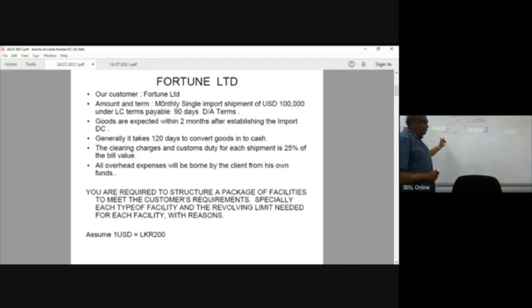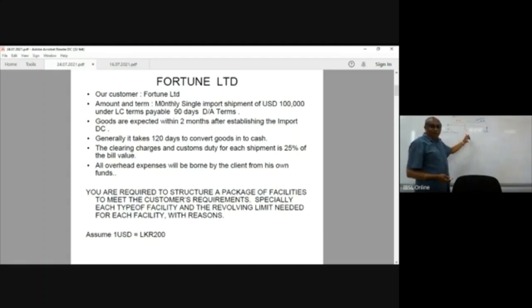When the customer accepts the document, what is going to happen? The LC liability will be reversed, and we are creating acceptance liability. When we open the LC, we create LC liability.